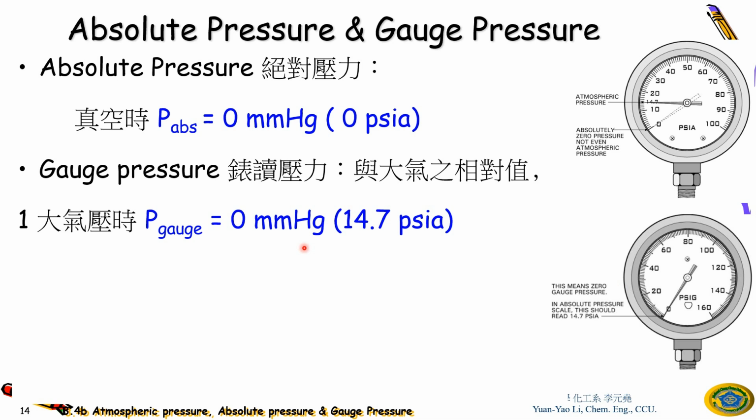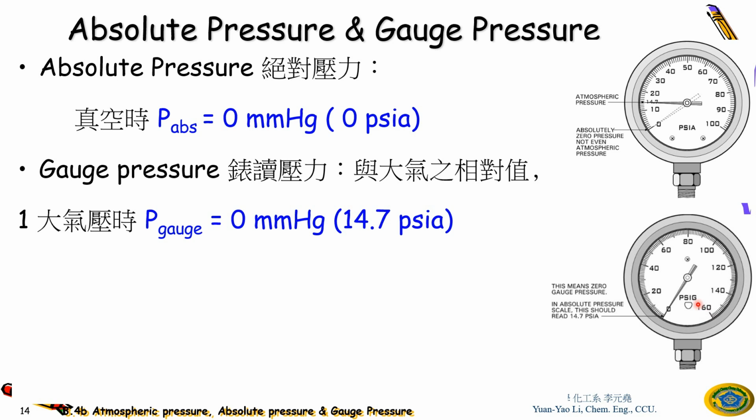That's why we call it gauge pressure. This is PSIG, G stands for gauge. So these are two different units, two different names: this is absolute, and this is gauge.